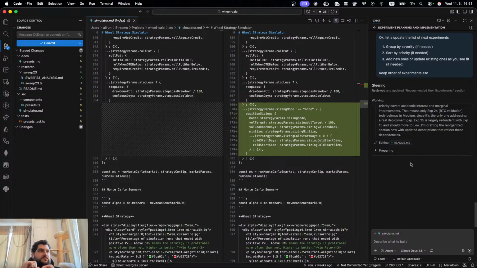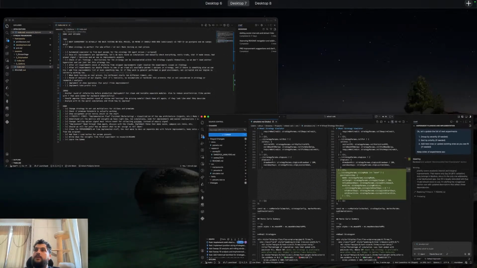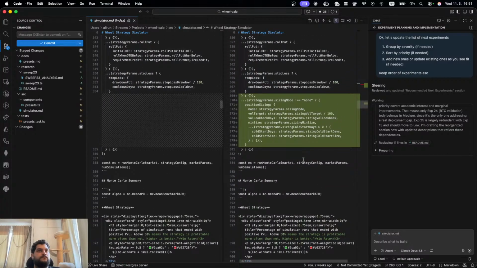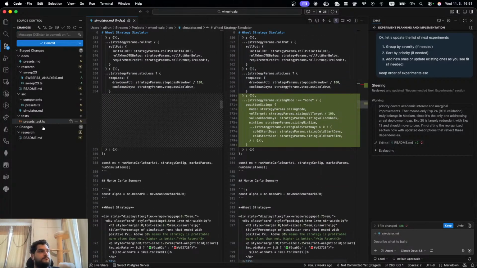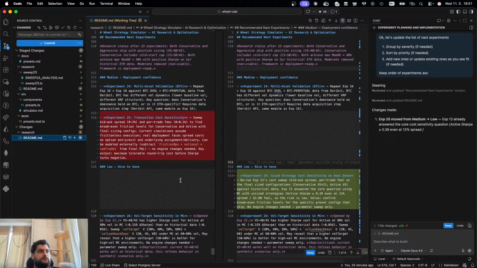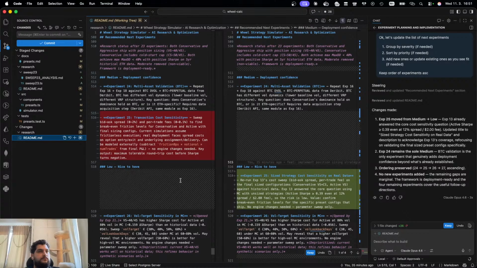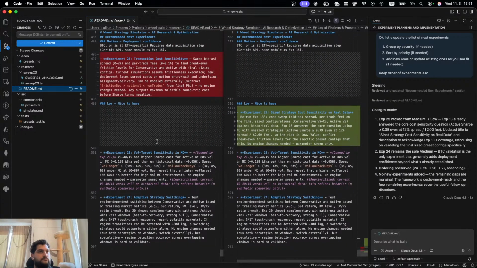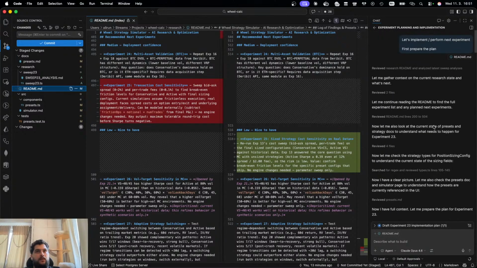So some changes to the experiments now. Okay, let's implement BTC.